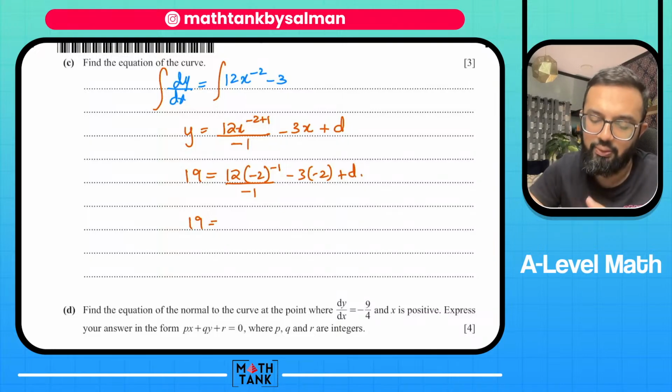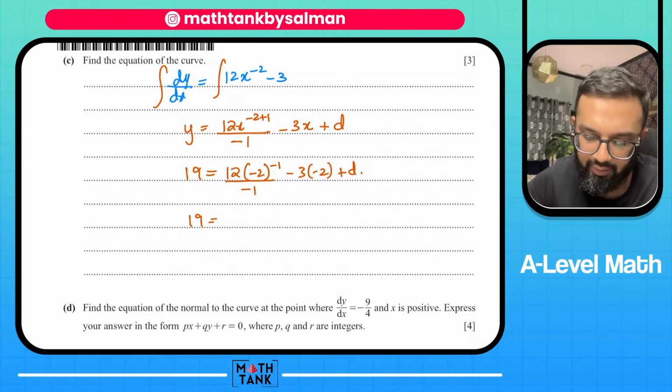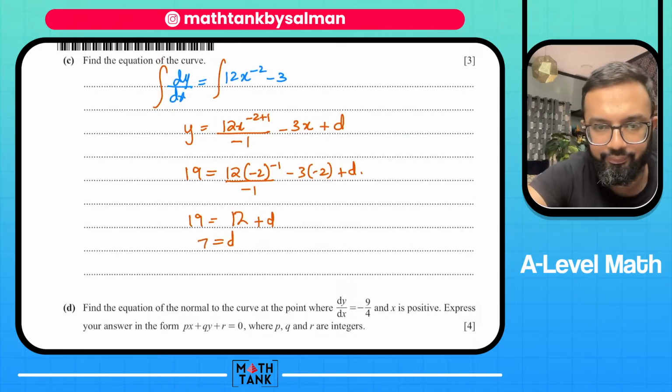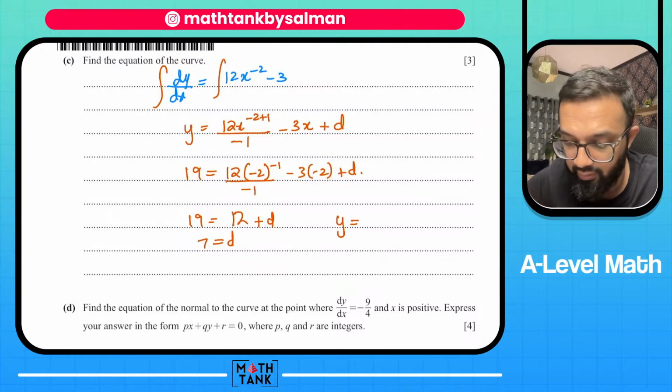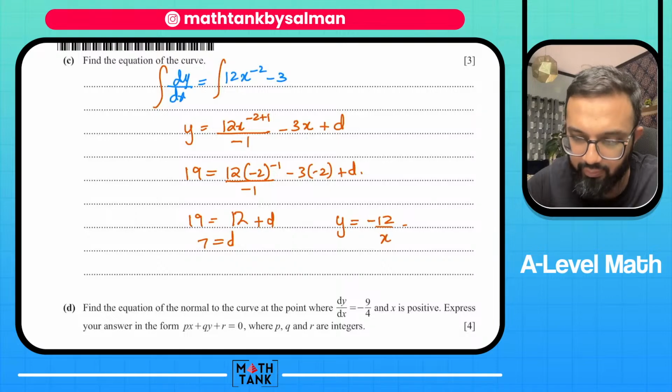Minus 12 over minus 2. 6 plus 6 is 12. D is 7. So y is basically minus 12 over x minus 3x plus 7.